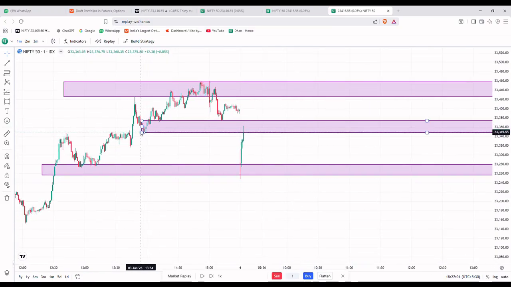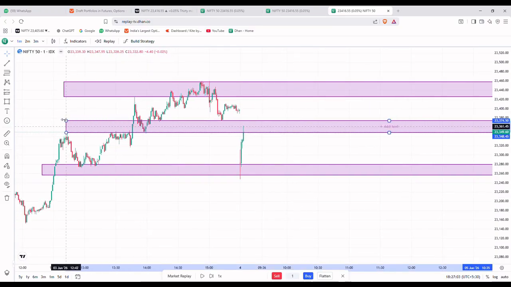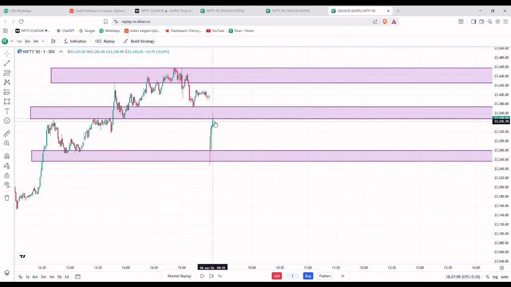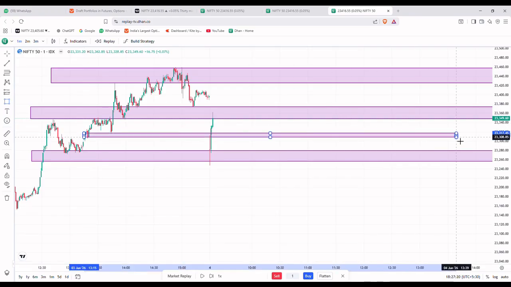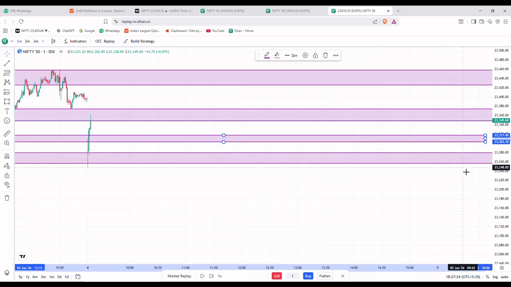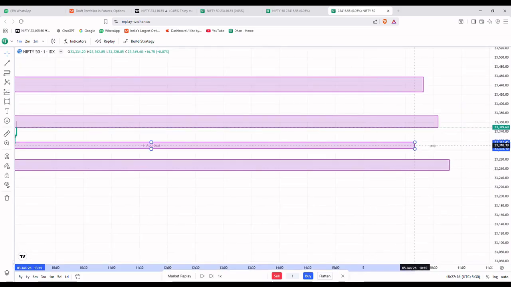Here also you see how exactly it works. Here also there is one particular huge reversal, so I can draw here also, no problem. We will see how exactly this works. Okay, I have drawn this.